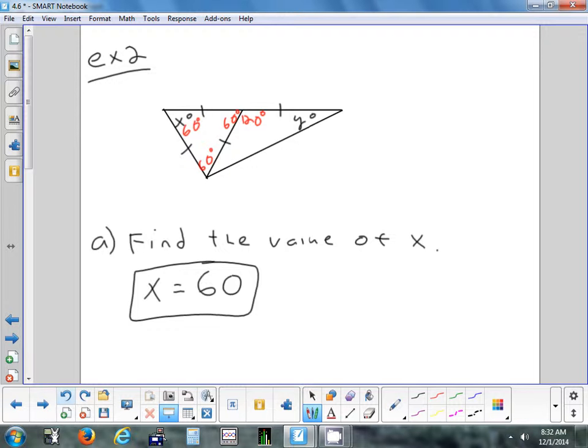Okay, so if we added 20, actually, my bad. 20 and 20 and 120 wouldn't quite add up. So think about, what do you have left after you do 180 minus 120? Yeah, they're each 30. That's 30, and that's 30. Because when you take 180 minus 120, you're left with 60, and it has to be split equally in an isosceles triangle. So y is 30.